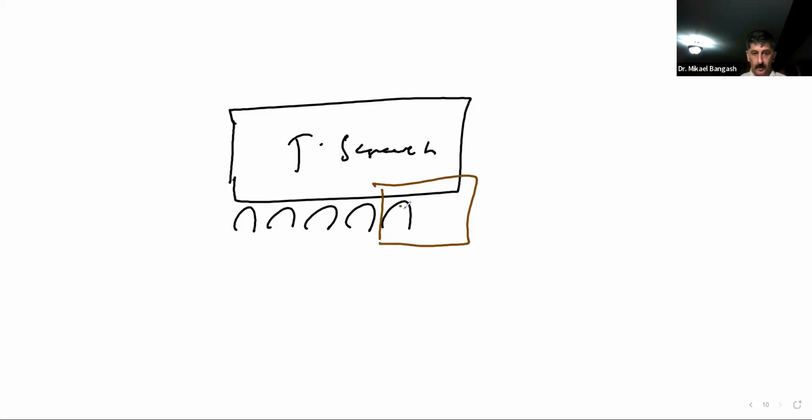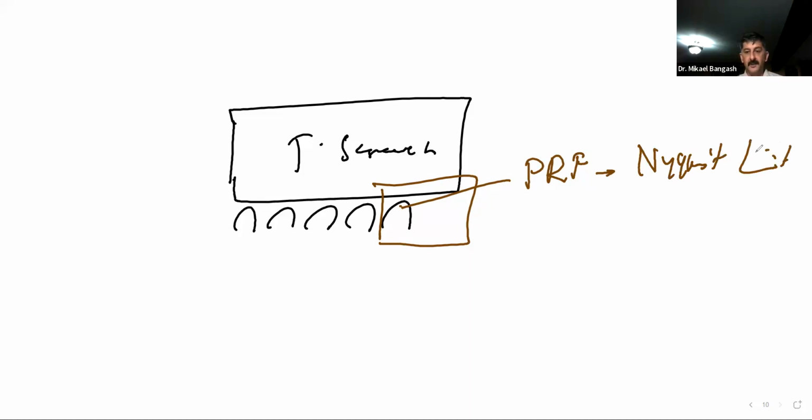In Doppler mode, this first knob has 2 functions. One was the PRF, where increasing or decreasing that PRF is going to increase or decrease your Nyquist limit.